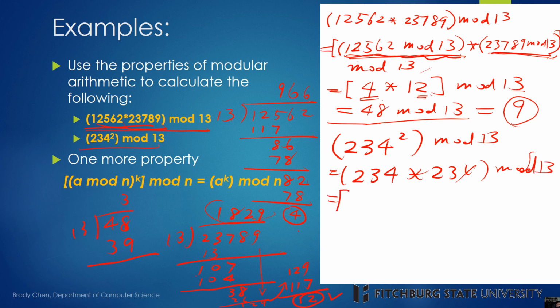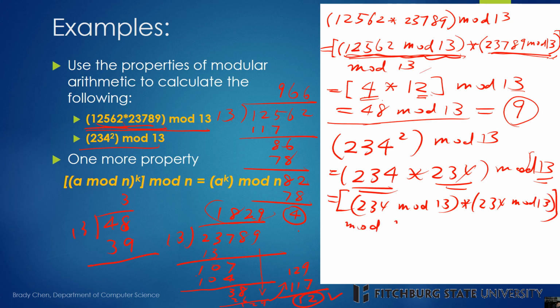Then you can apply the mod operation for each number. So it's 234 mod 13 times 234 mod 13, and then we take mod 13. Now what's 234 mod 13?